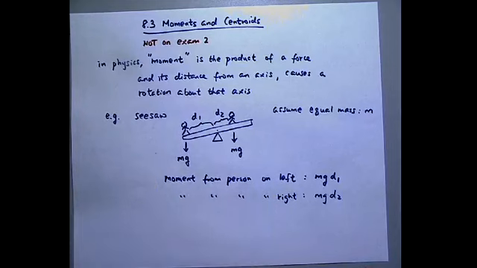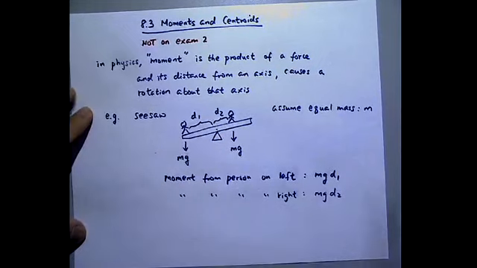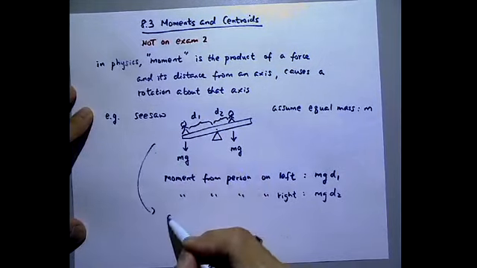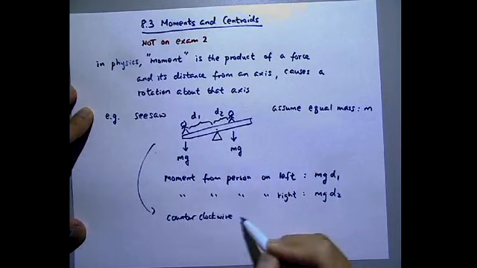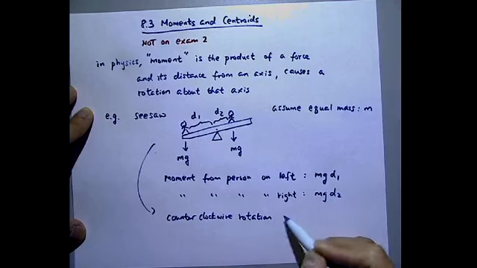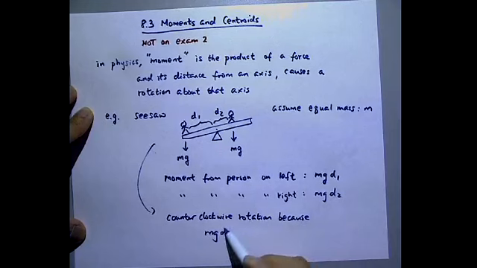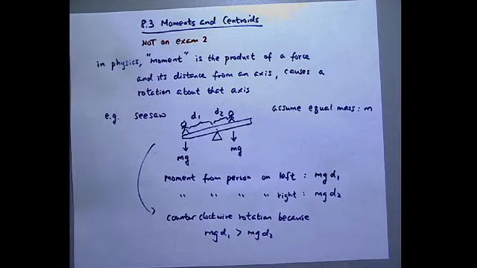And in this situation here, we all know what's going to happen. We're going to have a counterclockwise rotation. Intuitively, we know this. The counterclockwise rotation happens because the moment from the left is bigger than the moment from the right. They have the same mass, but d1 is greater than d2. Therefore, the moment coming from the left is bigger than the moment coming from the right. Okay?